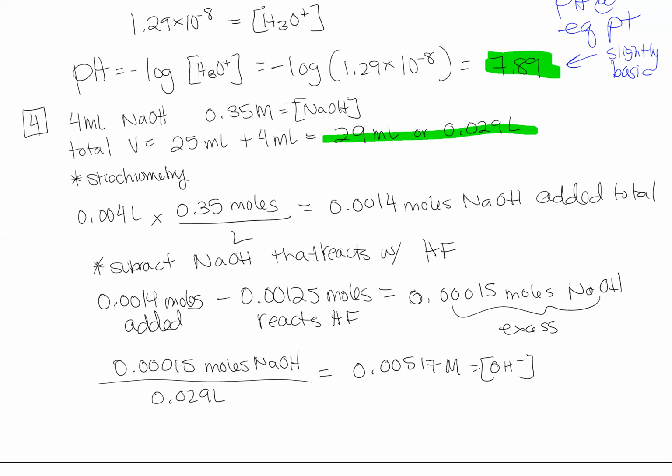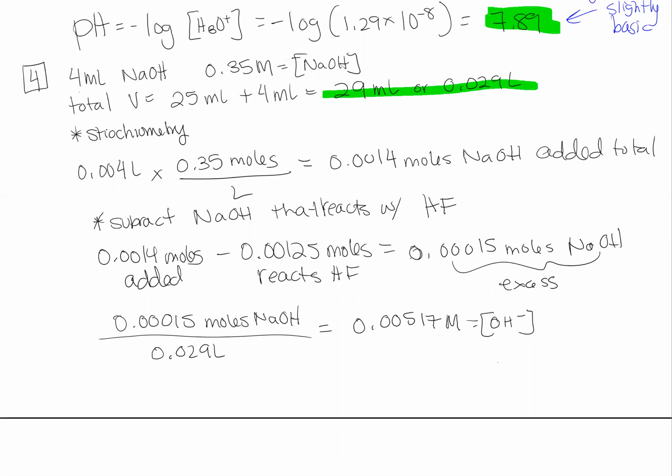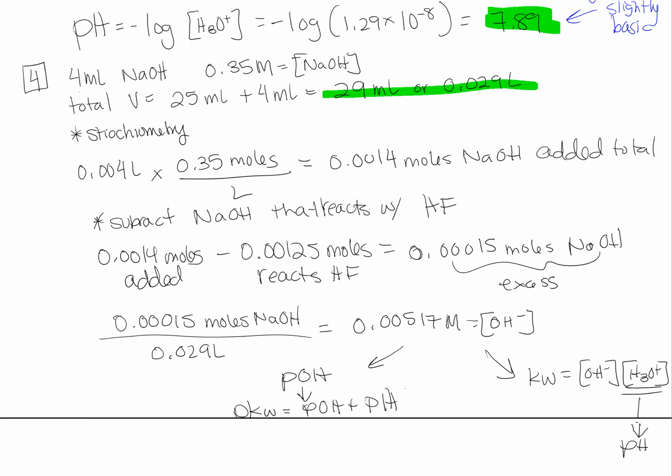So now, again, there's kind of two ways to solve this problem from here. We can use Kw is equal to the hydroxide times the hydronium ion concentration to find H3O plus, and from there calculate pH. Or we can calculate pOH, and from there use pKw is equal to pOH plus pH to calculate it that way.